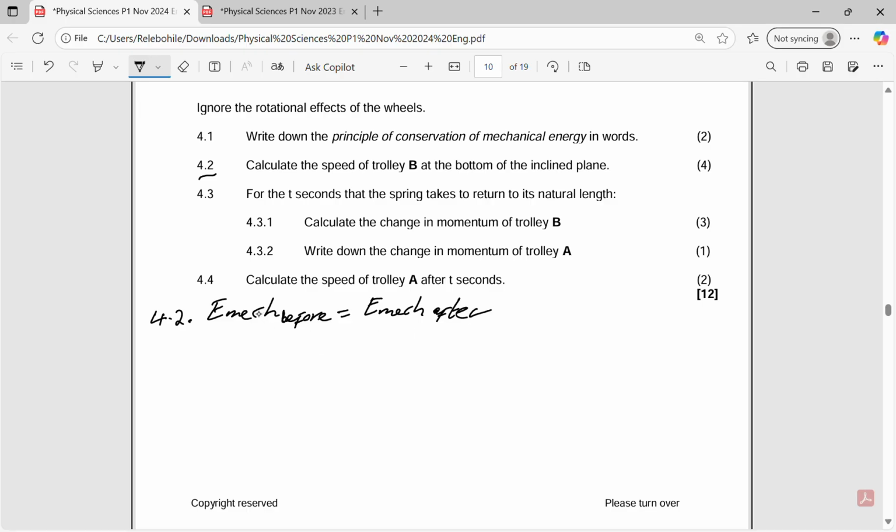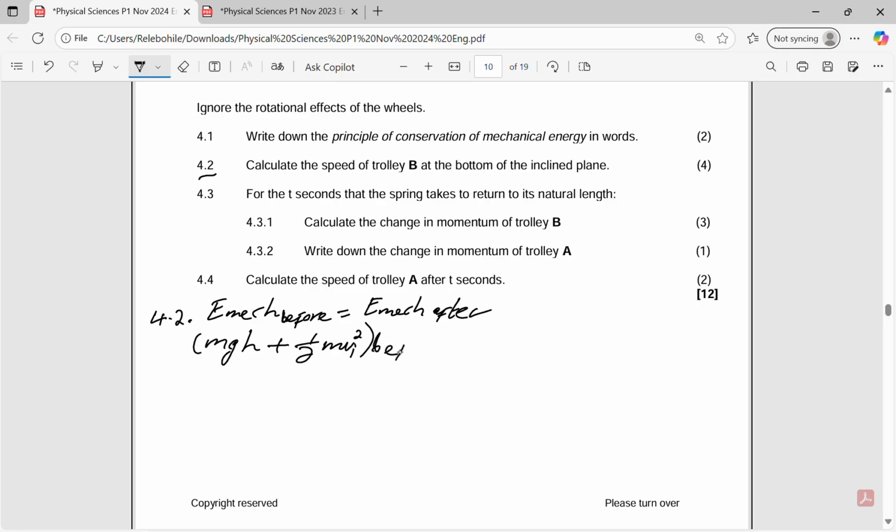Remember, mechanical energy by definition is the sum of gravitational potential energy plus kinetic energy. So if I break it down, it becomes mgh, my potential energy, plus half mv squared. This will be my initial, so this is my before.